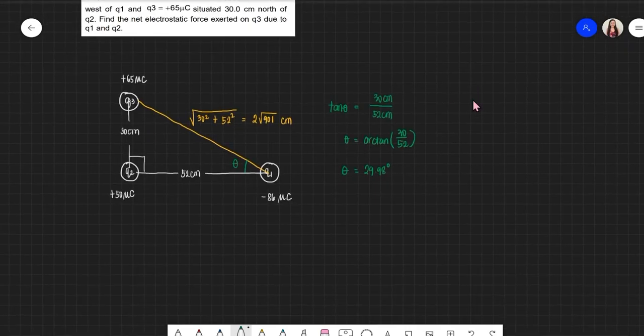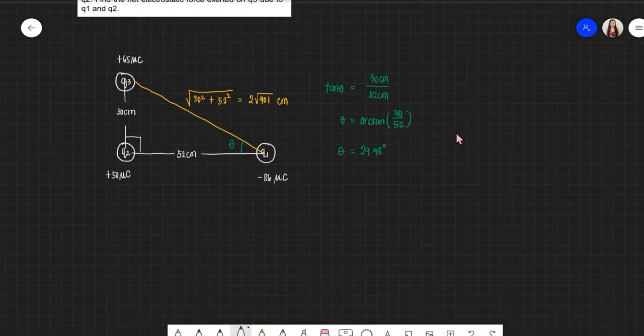So that is our angle. Now we are looking for the forces exerted on Q3. If this is our Q3, Q2 is positive, Q3 is positive, so there is repulsion here.